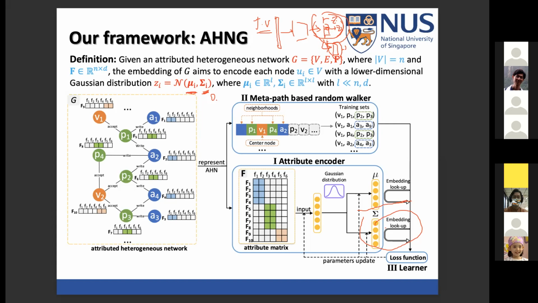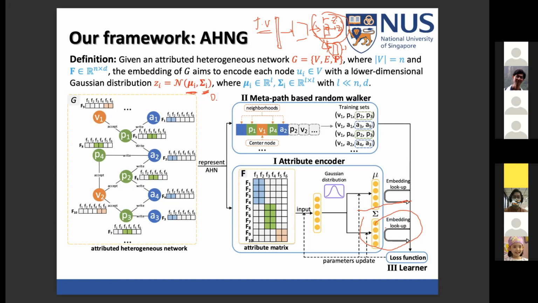So we do learn the Gaussian distribution, but when the model is training, we will train both mu and sigma, and the weights of them will be updated. Once the model is trained, we only use mu to get the node representation.